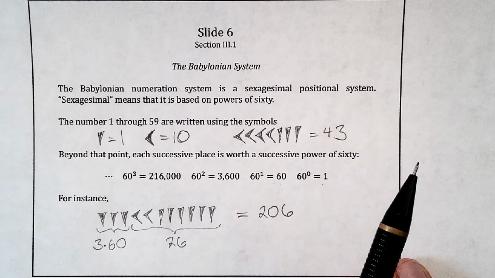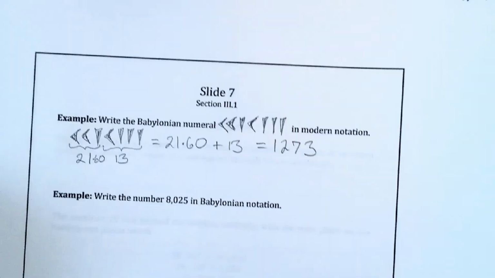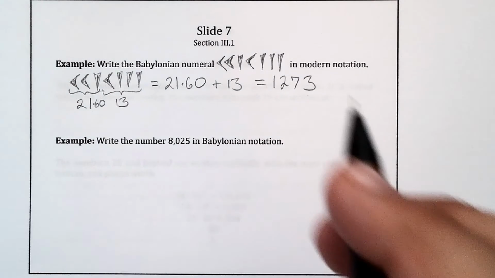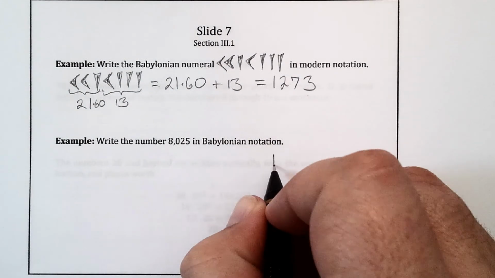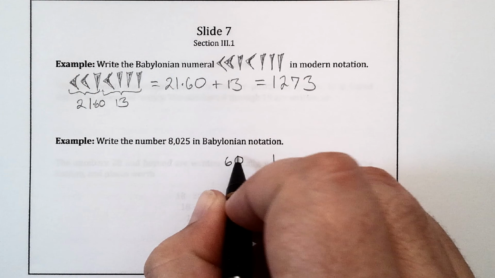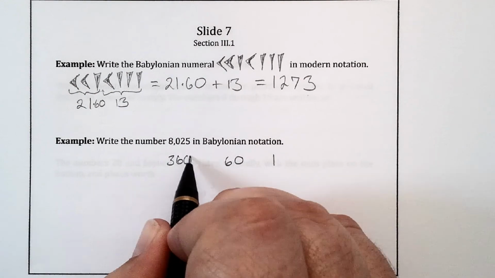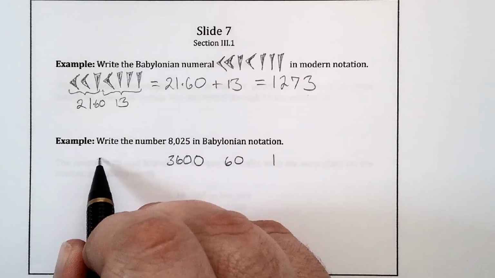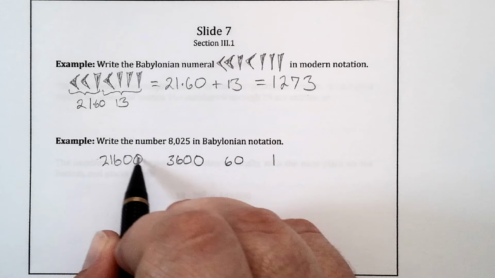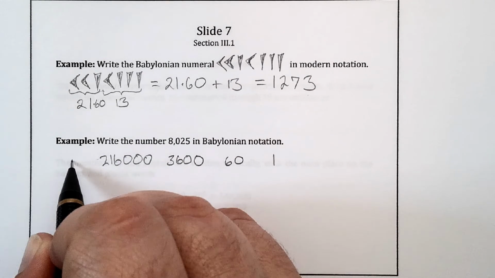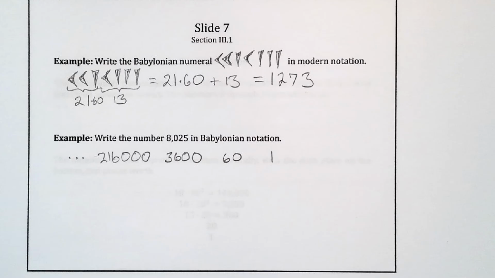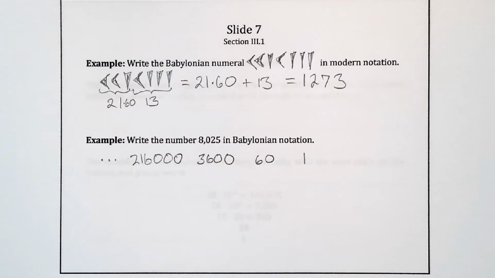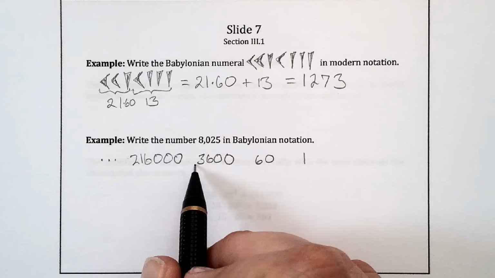Let me copy these down. We have the ones place, 60s, 3,600s, that's 60 squared, 216,000, and so on. It just keeps going higher and higher. But the largest power of 60 that goes into this number is 3,600.